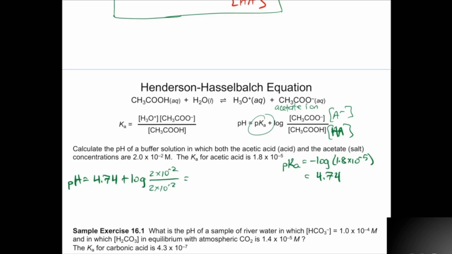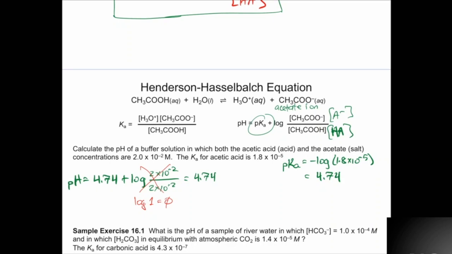What does that equal to? The log of 1 is 0. Okay? So you can plug this in your calculator, but the log of 1 is 0, so this term goes away, and the pH will be 4.74.